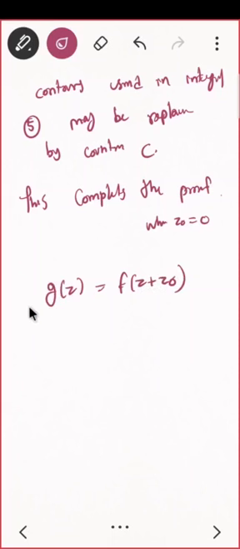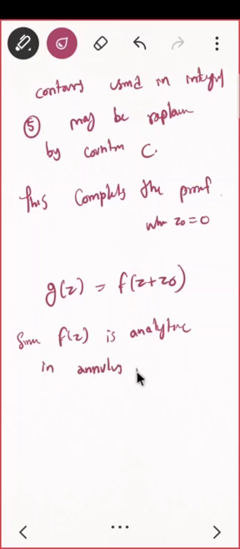Correct? So since f of z is analytic in which domain? In the annulus r1 less than mod z minus z naught less than r2. In Taylor also we did the same thing, the last part was this only.